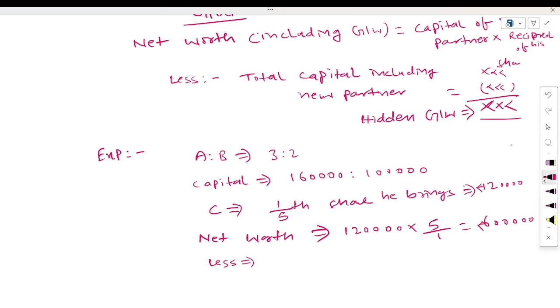Now we have to less the total capital of the firm, including new partner capital. How much is the capital of A and B? 1,60,000 plus 1 lakh, 2,60,000. And C's capital is how much? 1,20,000. If we calculate all these, then the value will be 3,80,000.